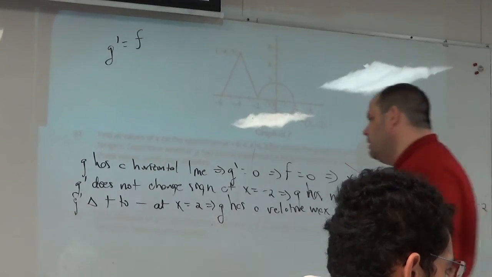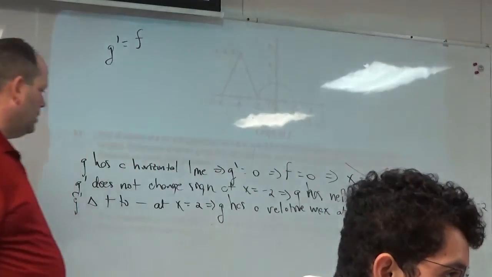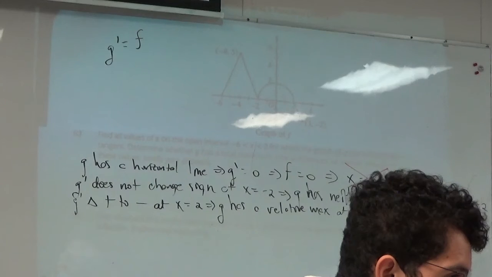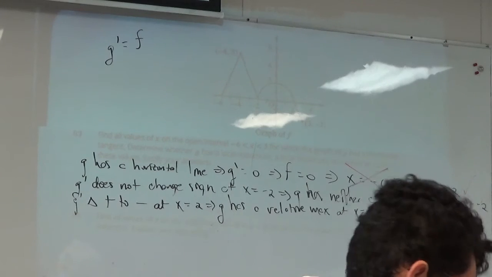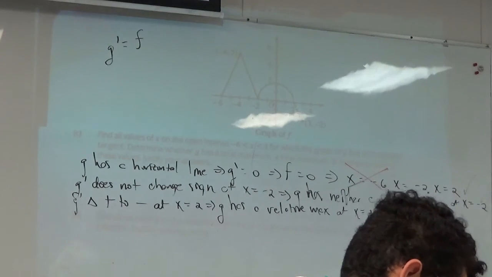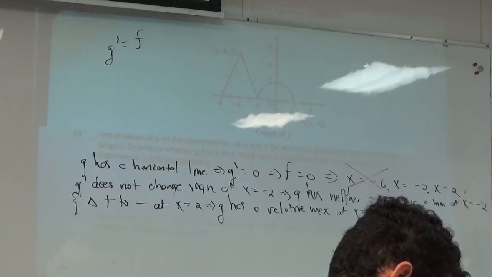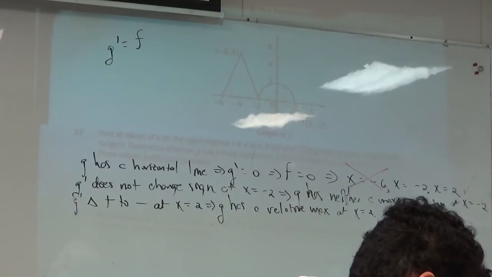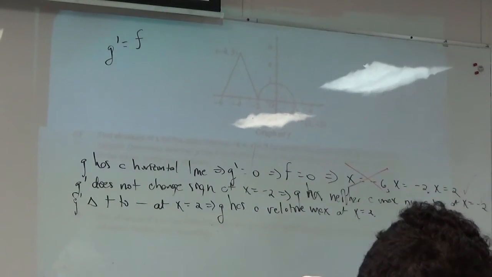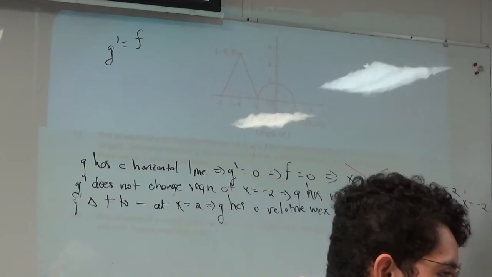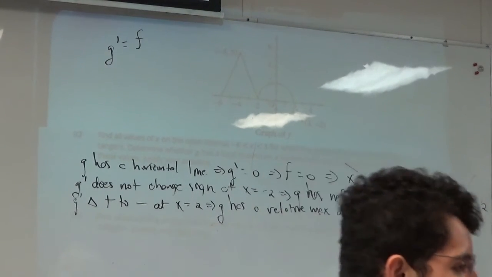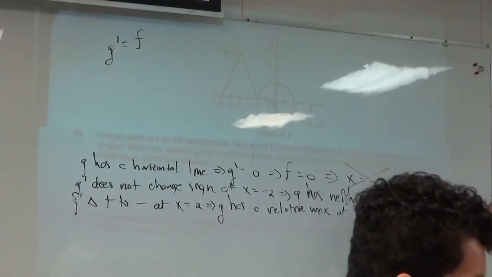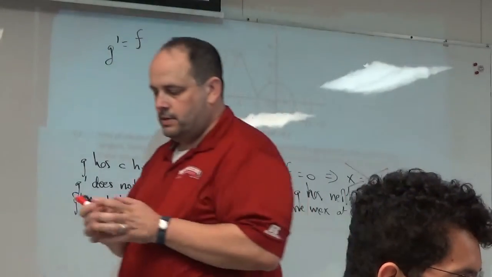That just means G has to have a max. G of x is equal to the integral of f. Once you get the derivative, you have to take the derivative again, G double prime. Find all values of x in that open interval where g has a point of inflection.